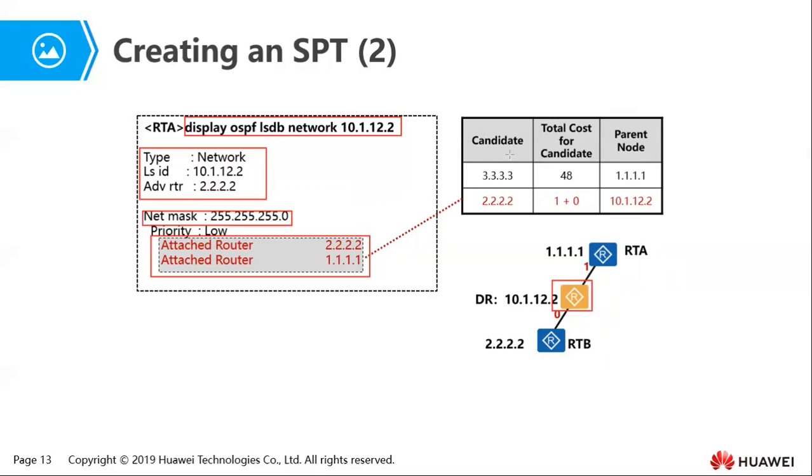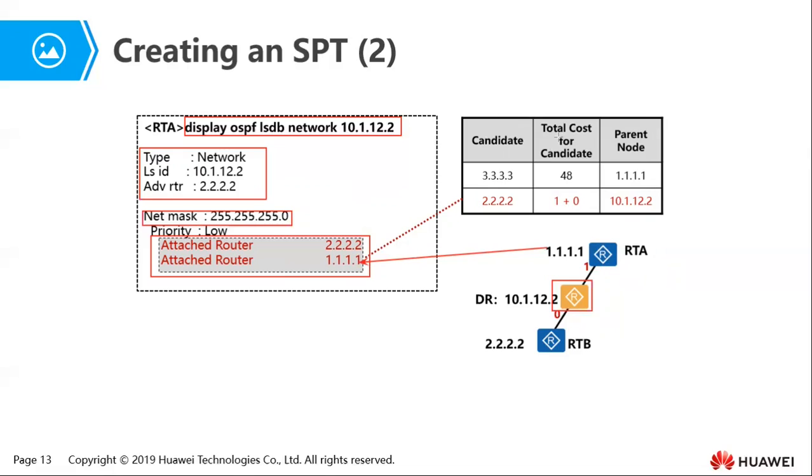So these attached routers are going to be added to the candidate list, with the exemption of anyone that is already on the RPT. For example here, we are not going to add 1.1.1 because it's already on the RPT.